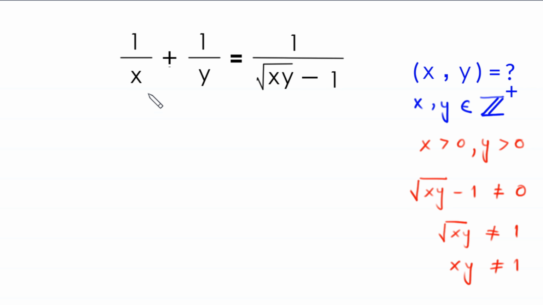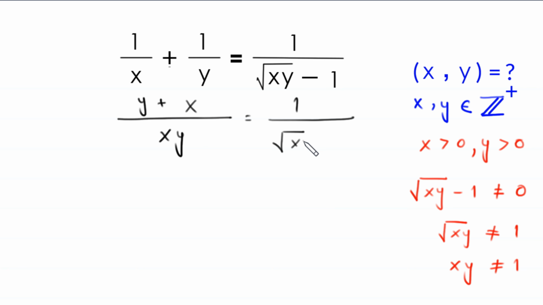Now we take the LCM of x and y. The LCM of x and y is x times y. When we divide xy by x, we get y, plus xy divided by y is x, equal to 1 divided by root xy minus 1.